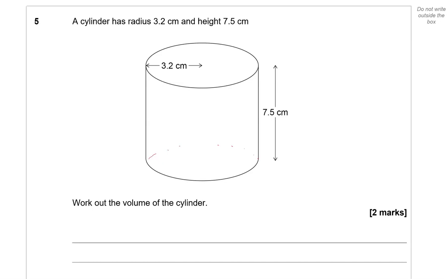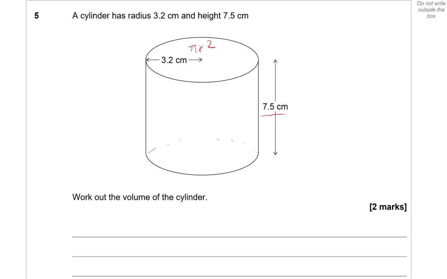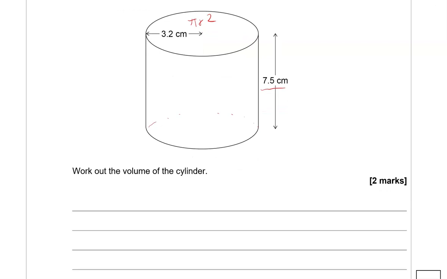It's the same as this one at the top. So, area of the circle, the formula for that is pi r squared. And then once we have that, we're going to multiply it by the height, which is 7.5 centimeters. So, pi r squared first.